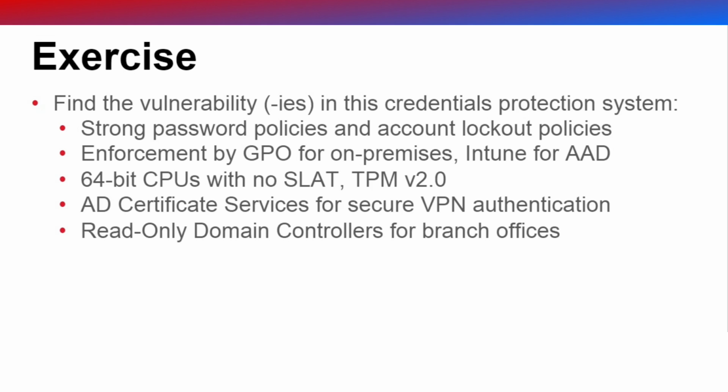But we have a reasonably new version of TPM, version 2.0. We're using AD certificate services to have secure VPN authentication, for example, with L2TP and IPsec. And we've deployed read-only domain controllers for our branch offices, and we've configured those so that they only store a subset of user accounts as needed by that branch office.